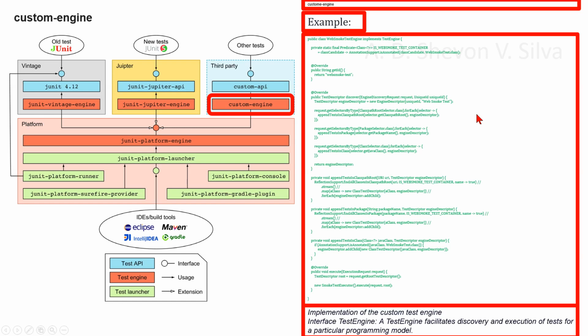We happen to choose an annotation-based testing model. For such an implementation, the JUnit platform provides good support with the org.junit.platform.commons.support.AnnotationSupport utility.